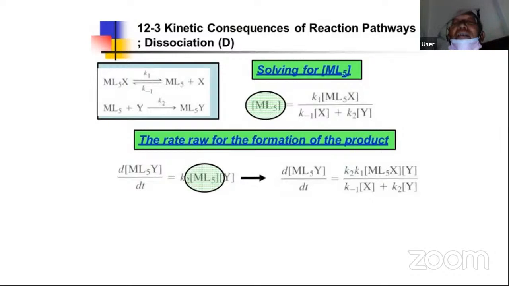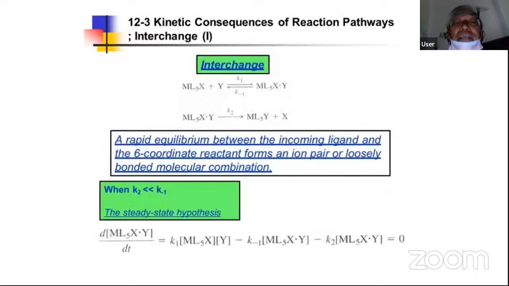Now let's see the next slide. So this is mathematics. Now you can also apply the same at the interchange. As I told you, I don't want to discuss the interchange. Just enough to discuss the dissociative and associative. So we go to the next slide.